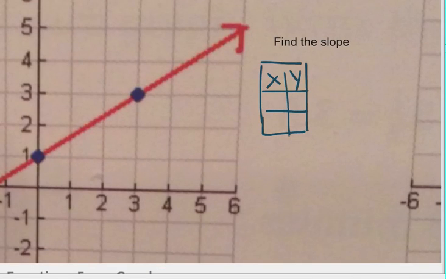I want to highlight that this point right here is going to go right here. So that's what I'm about to do, is find the ordered pair from that point right there and put it right there. So let's go ahead and continue.